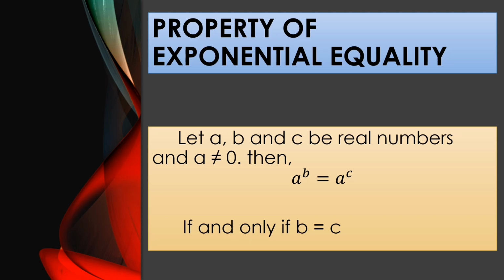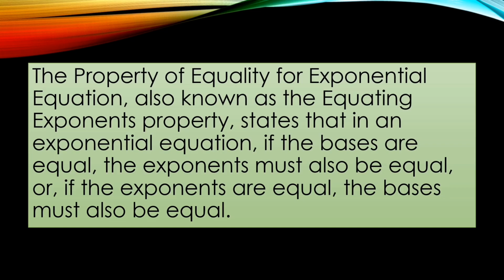Then a raised to b is equal to a raised to c if and only if b is equal to c. The property of equality for exponential equations, also known as the equating exponents property, states that in an exponential equation, if the bases are equal, the exponents must also be equal, or if the exponents are equal, the bases must also be equal.